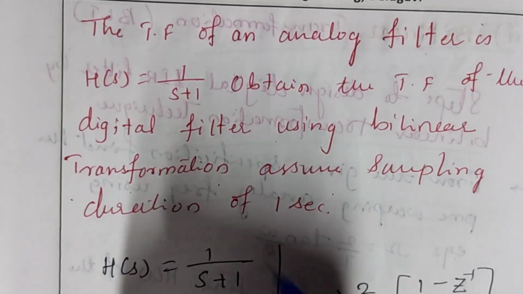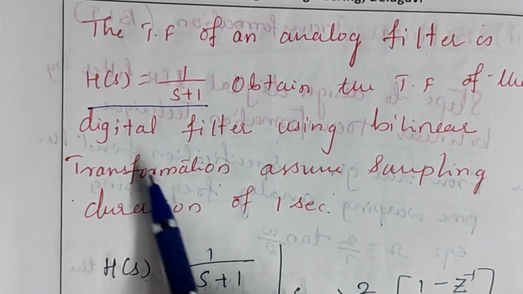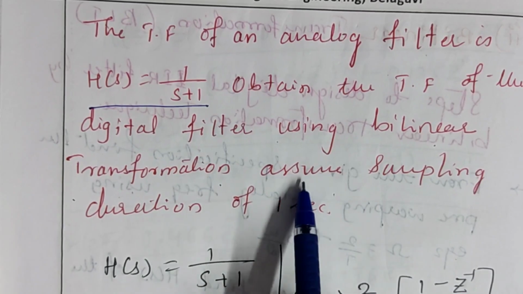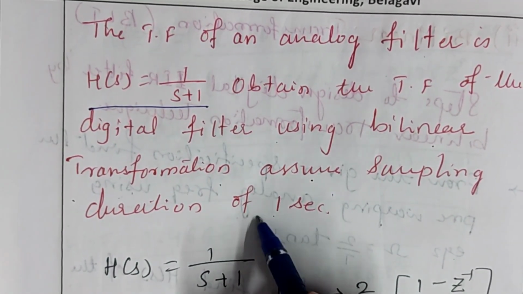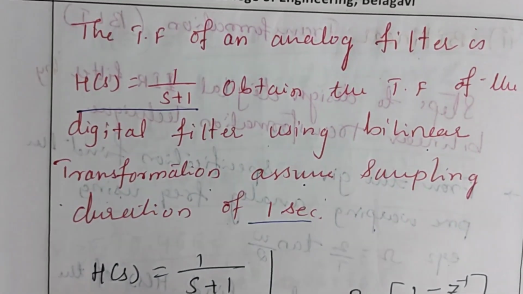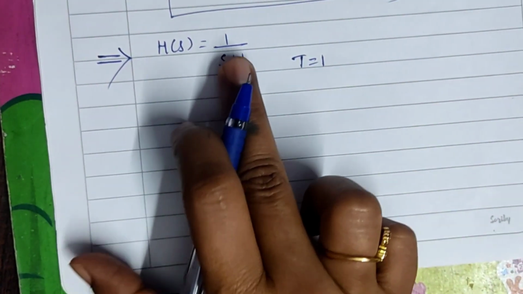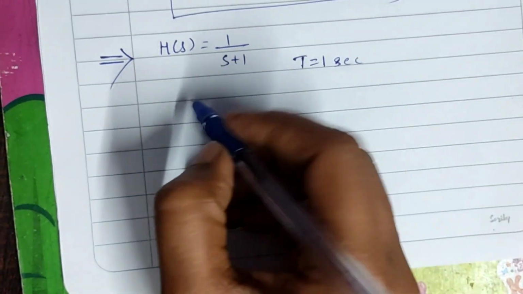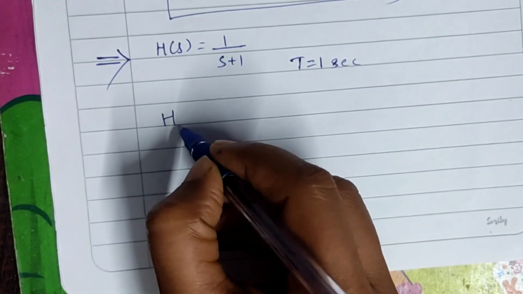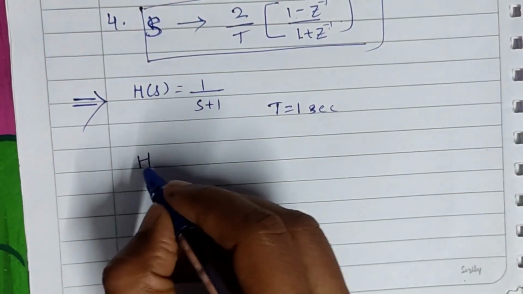So from this, H(S) they have given directly, which is 1 by (S + 1), and T, the sampling duration, is 1 second. Everything is provided, so now we directly apply the technique.